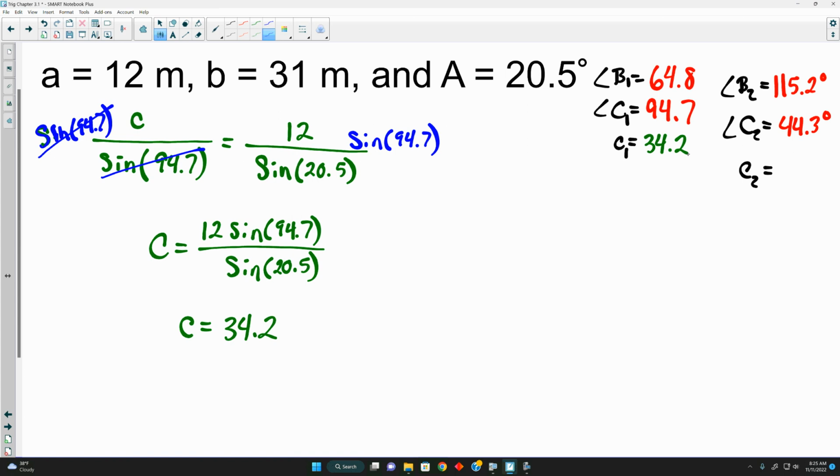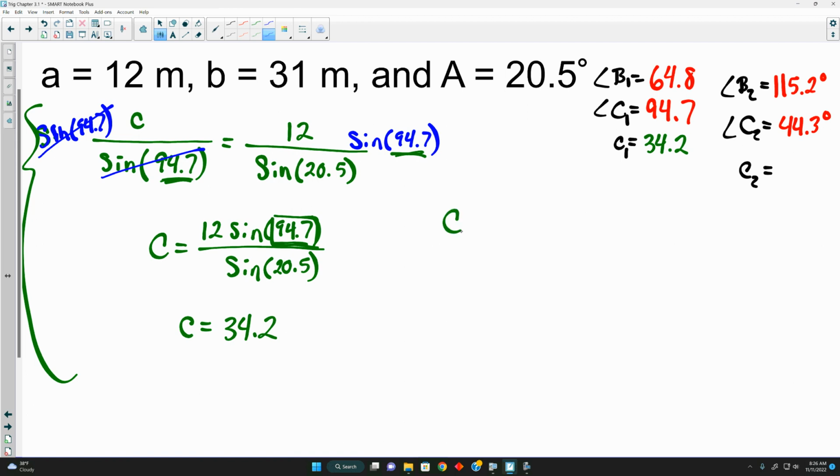Would any of the math or calculations I did here really differ besides the fact that this angle right here is going to change? Well, no, right? So really all I'm doing is taking this angle and replacing it with what? 44.3, yes?